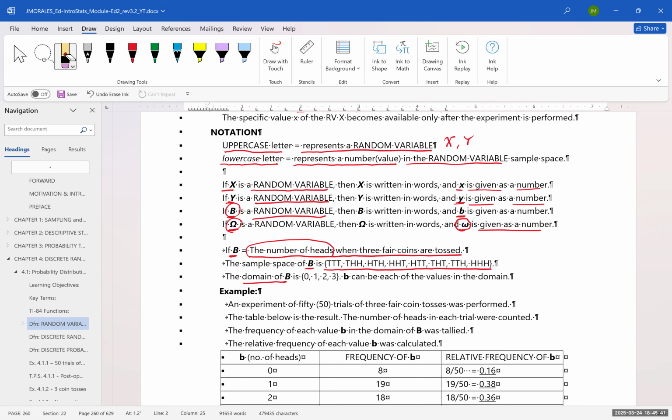Now notice that this domain is composed of numbers, and those numbers are discrete, meaning these are counting numbers. So the fact that these are counting numbers makes them discrete numerical values.